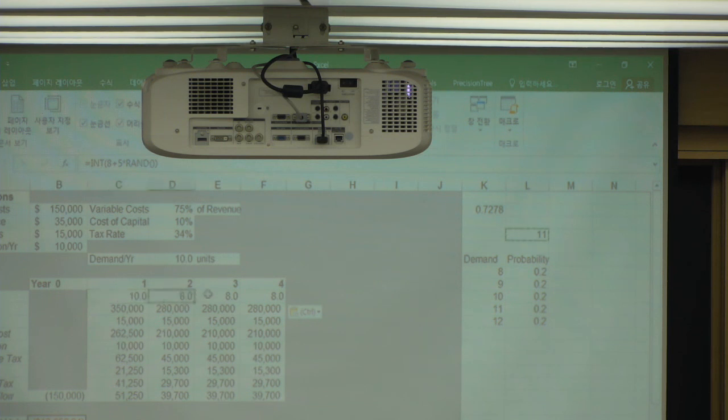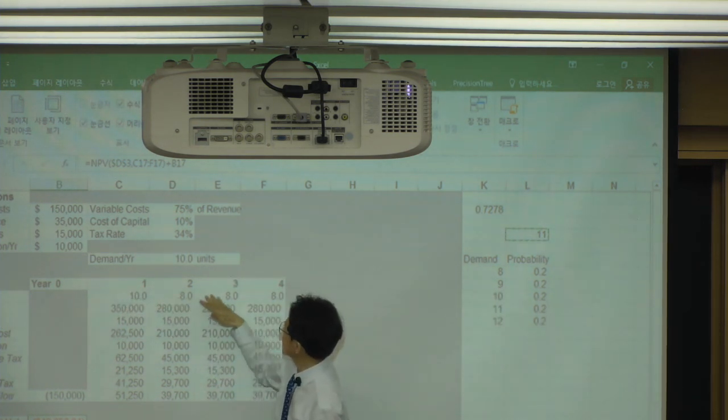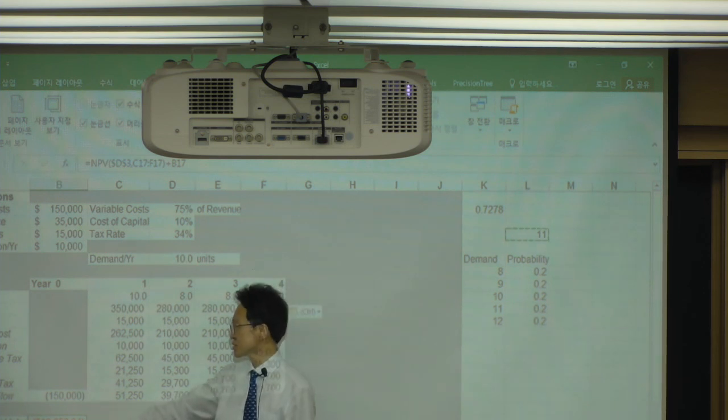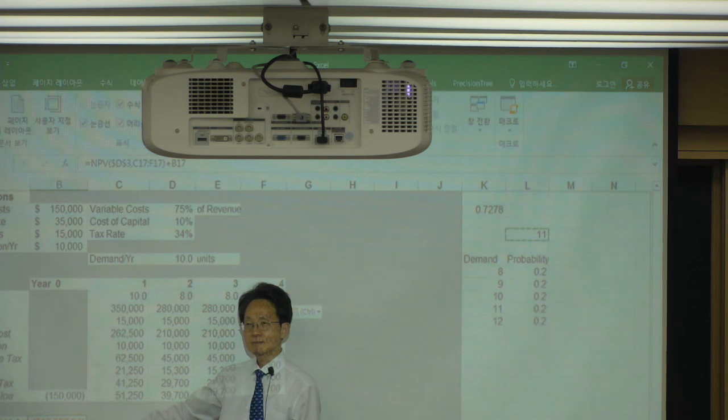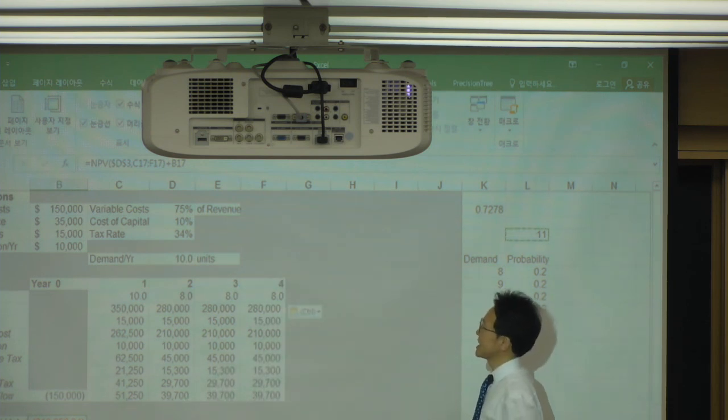This one is the same. This one is the same. This one is the same. And now, it's very interesting. What if the demand is not 10, 10, 10, 10, but 10, 8, 8, 8? Then it turns out that the net present value is negative. So now I want to see another scenario.